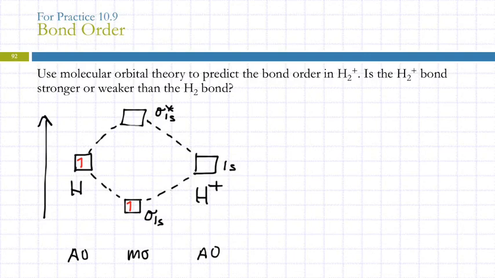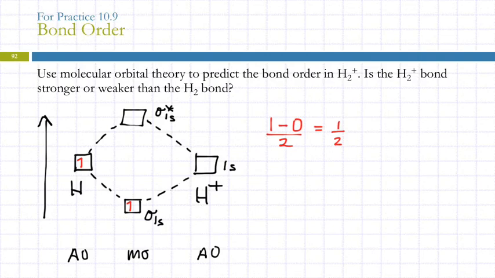What's the bond order? How many electrons in bonding orbitals? 1. How many electrons in anti-bonding orbitals? 0. Divide by 2. So this gives us a bond order of 1/2. The bond order for H2 is 1.